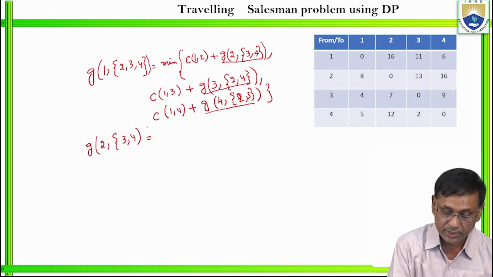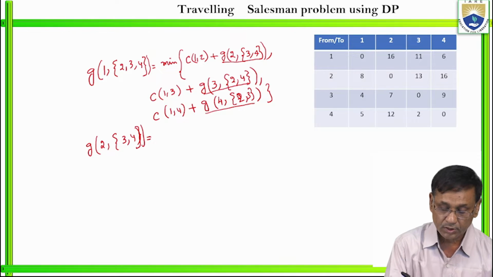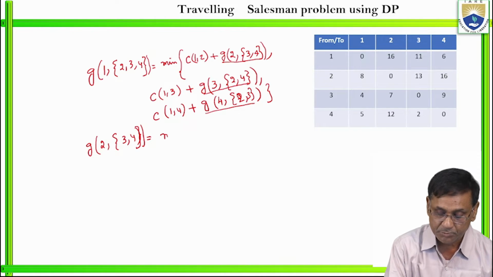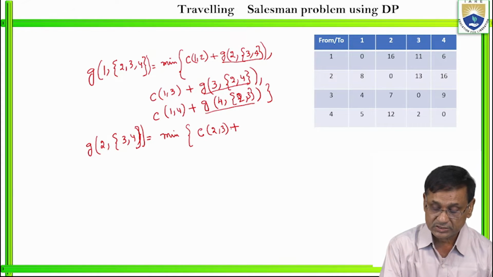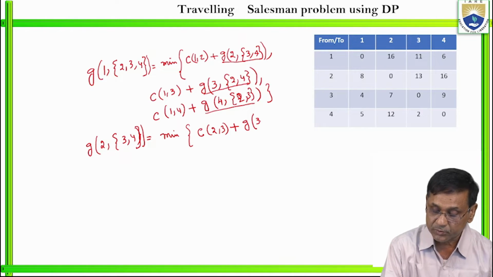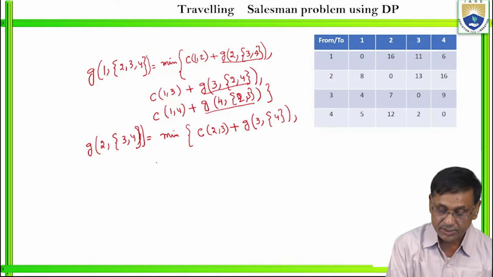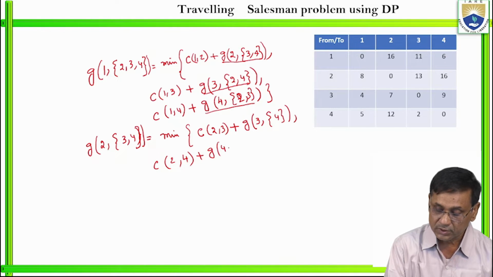So that is equal to the minimum of C of 2 to 3, that is the cost of the edge 2 to 3, plus the cost of going from city 3 to the remaining set, that is 4, comma, C of 2, 4 plus G of 4, comma remaining set.